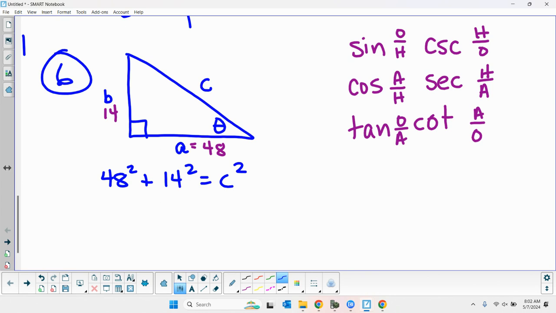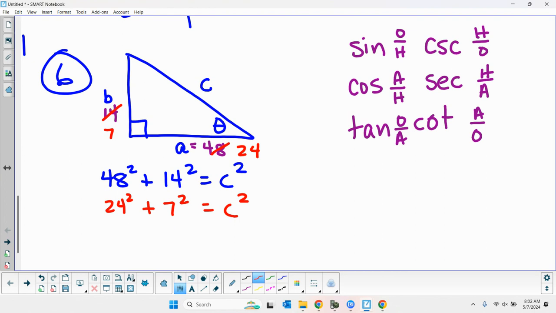And, oh, you know what I did? Since these are both even, I made them smaller. I made this a 24 when I did it, and that is 7. So I did 24 squared plus 7 squared. It works out the same. So I just made them smaller numbers.